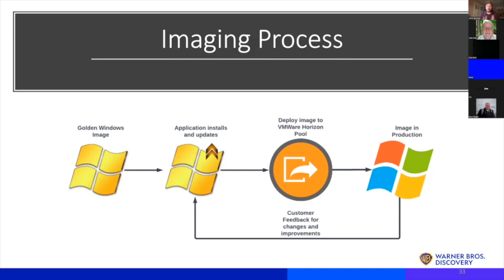We make sure it's absolutely perfect, and then we make a copy of it, and we install all of our applications like Premiere, like Strawberry, which is our PAM. Then we push that out to a VMware Horizon pool, and that allows us to connect to it with the protocols. We test it, we SAT it, we UAT it, and then we have the editors do the exact same thing and all the exact same testing we did before we put the image in production.